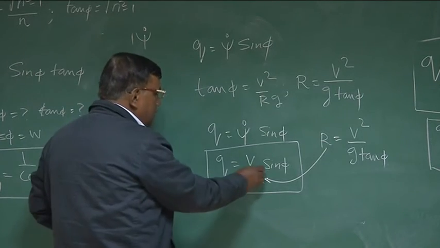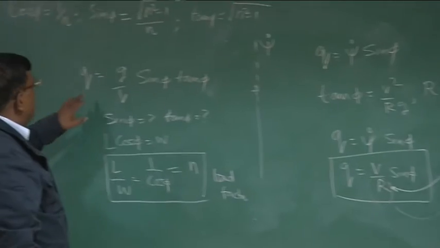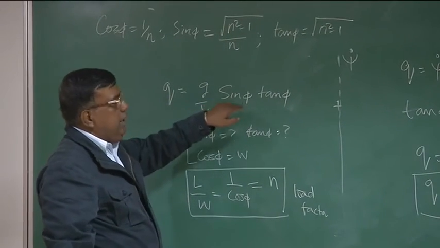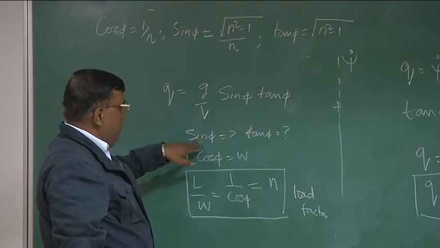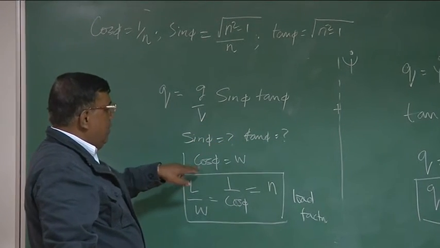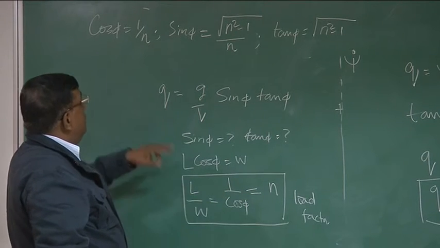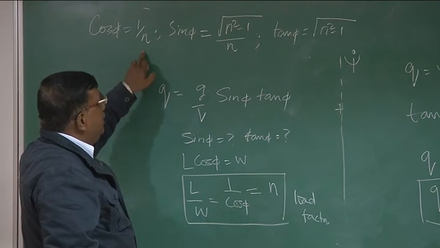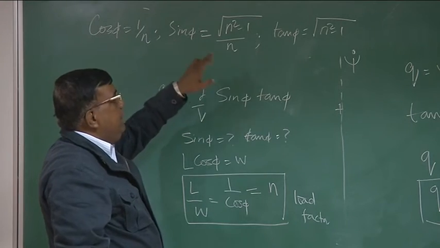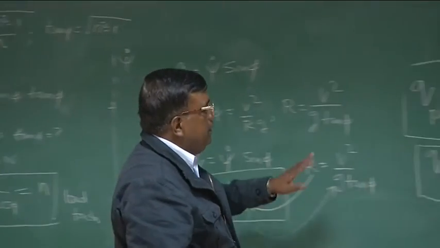For R, we substitute this expression to get q as g by v sine phi tan phi. We wanted to find the expressions for sine phi and tan phi. We know L cos phi equal to W, so n equal to 1 by cos phi, so cos phi equal to 1 by n. So you can find sine phi and tan phi, substitute there, and you'll get this expression.